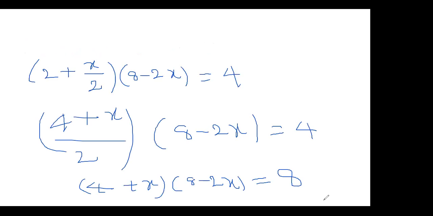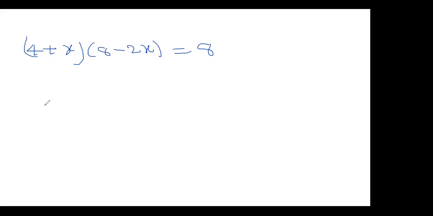Good. Then how to find the solution of this? Anybody knows? Here a quadratic equation may be possible. 32 minus 8x plus 8x minus 2x square. Yes, our assumption is correct.